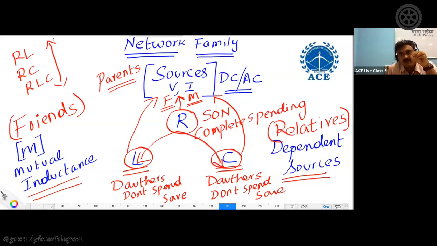The reason is that it indicates the first element connected with the source is R. Because R can take any sudden changes in current and voltage, if it can sustain, it will sustain. Otherwise, it will simply burn, creating an open circuit, which will help your L and C not to get damaged. That is the only reason we keep R first. The meaning itself is that R represents the first network element after the source, which might be connected in series or parallel.